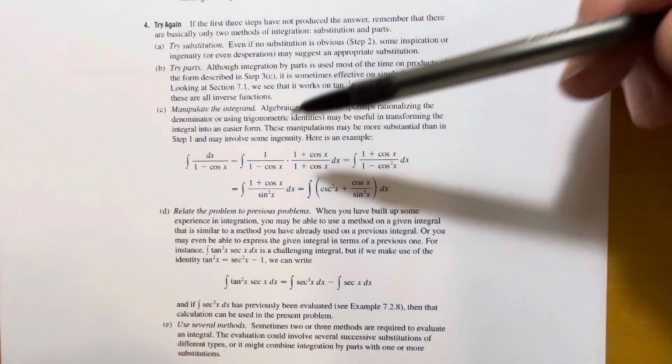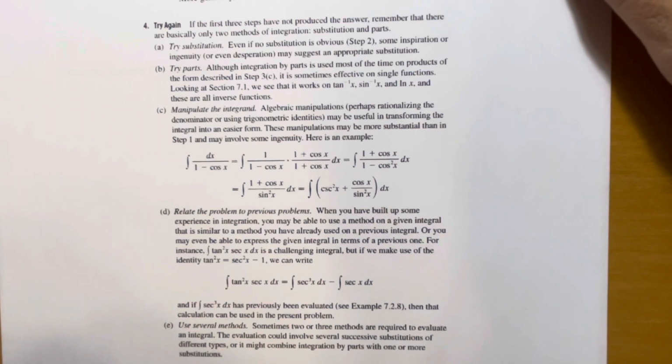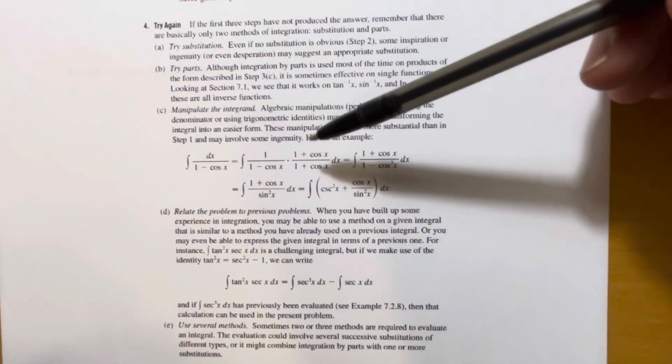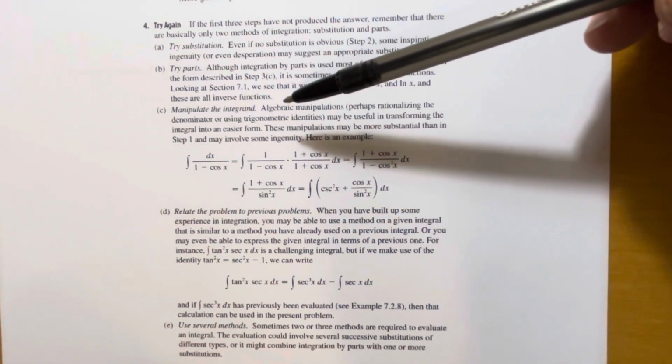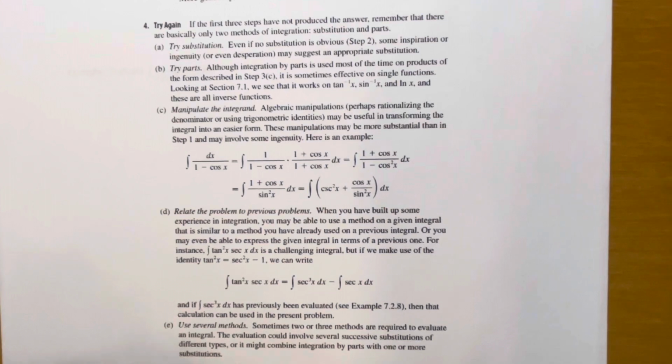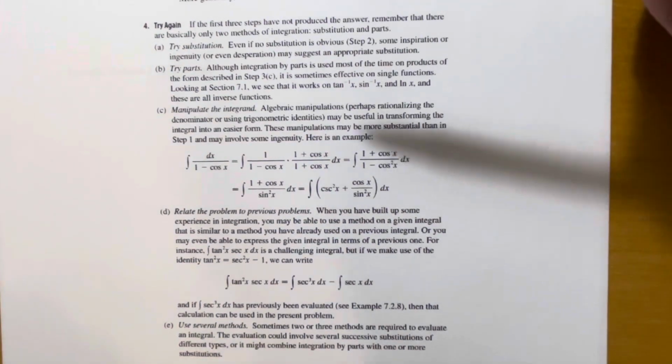Part C is kind of like step 1. So step 1, remember we said simplify your integrand. And sometimes it's a little bit vague what we mean by the word simplify. Sometimes there's a little bit of subjectivity there.